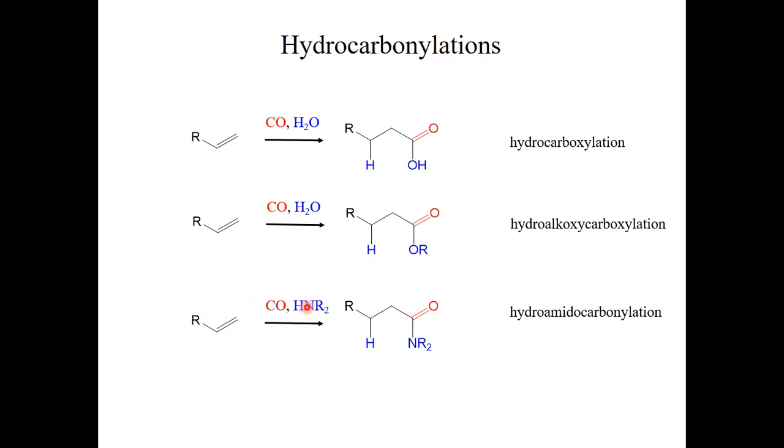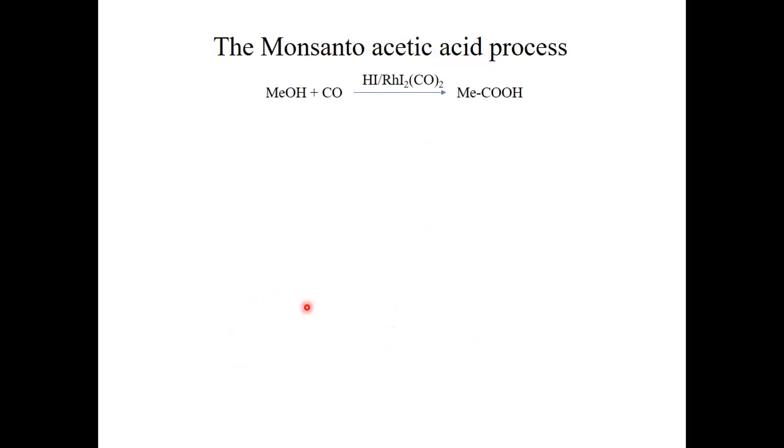Okay, so these were hydroformylations and hydrocarbonylation reactions that use carbonyl catalysts. Let's look at another industrially applied process, which is the Monsanto acetic acid process. This is the industrial process to make acetic acid at large scale.